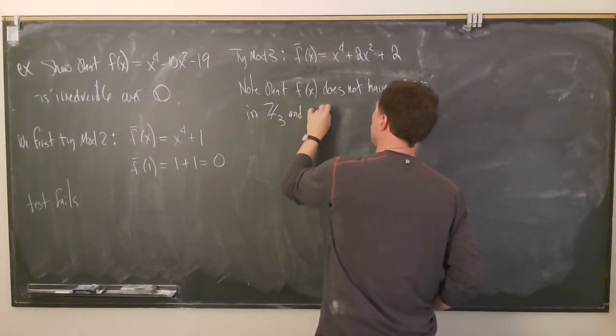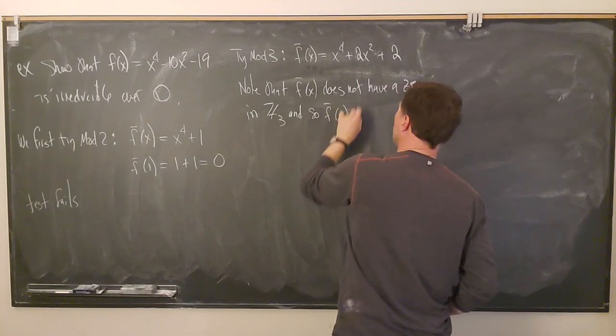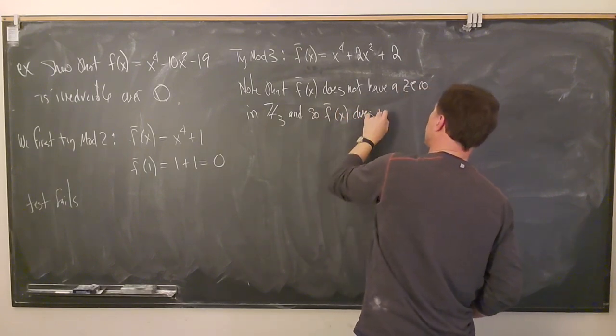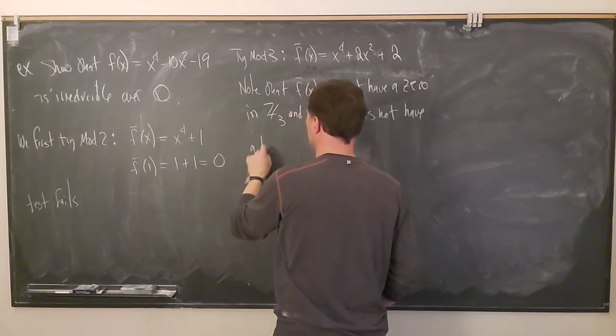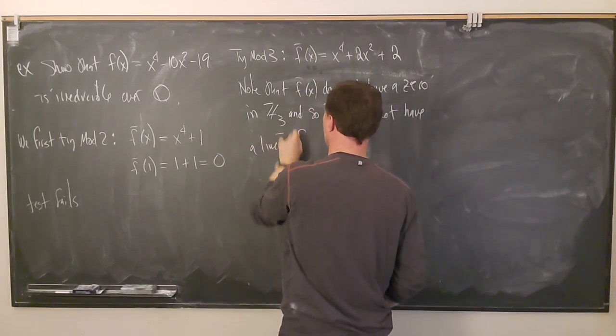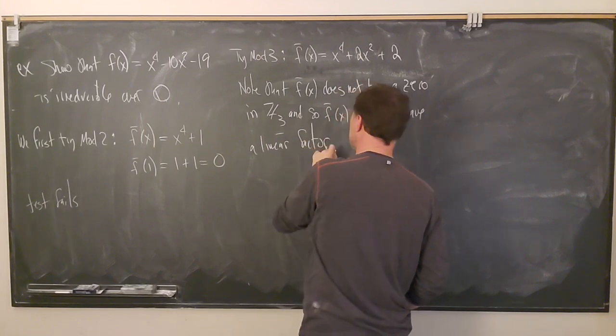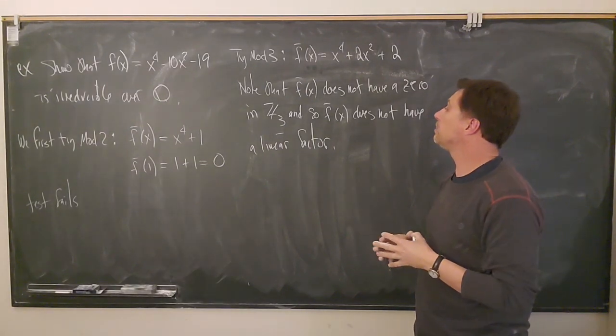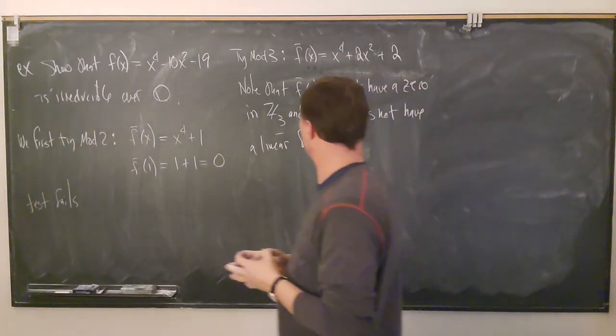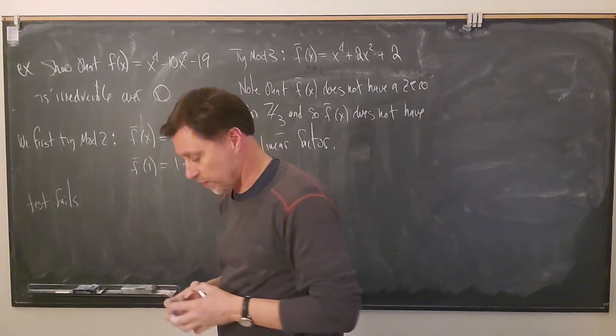And so f bar does not have a degree 1, so a linear factor. That does not mean that we're done, right? This is a degree 4 polynomial, so it could have a degree 2 factor.